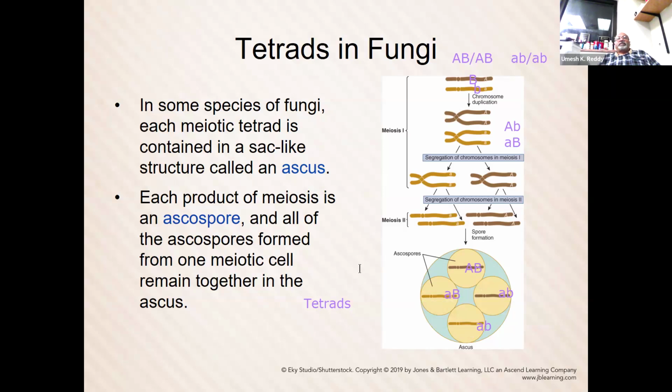Now, what is the linkage? How do we estimate linkage? Number of recombinants to total progeny. Here, number of tetrads to the total progeny.